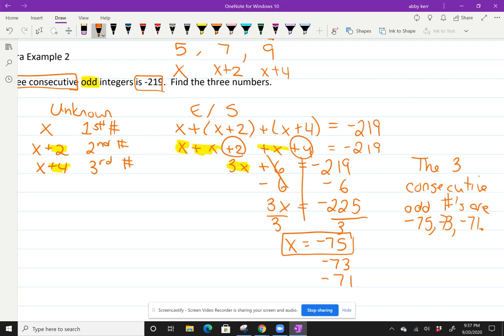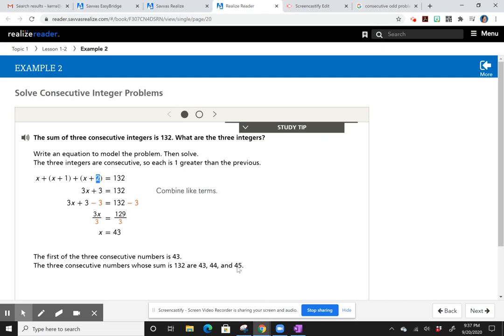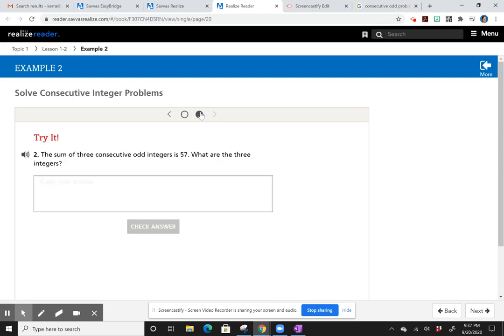Now, your turn, or the try it, is going to be easier because it doesn't have a negative. So let's go back to that screen. And it's also easier because it's a smaller number. It's 57. It says the sum of 3 consecutive odd integers is 57. What are the 3 integers?